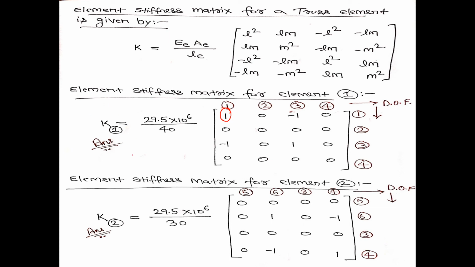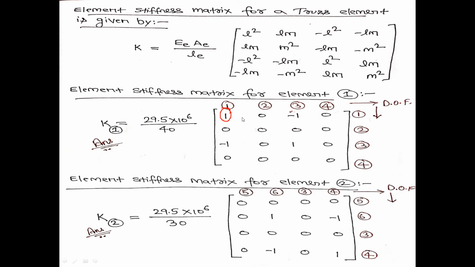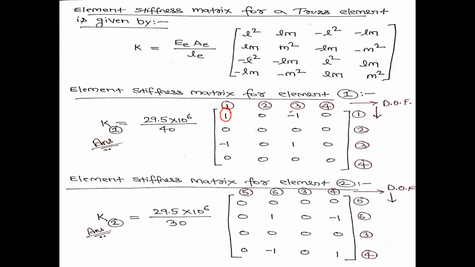It is present in the elemental stiffness matrix of element number 1. For element number 2 it is not present. For element number 3 it is present, that is 0.64. So that is 0.64 plus 1. For element number 4 it is not present, so 0.64 plus 1 is 1.64.